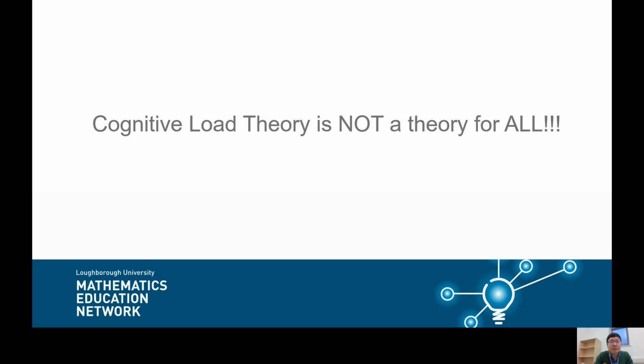And also, it is not a motivation theory. Cognitive load theory is here to deal with instruction design. It deals with cognition issues. So we probably couldn't solve all of the problems, but we are happy to solve part of them.